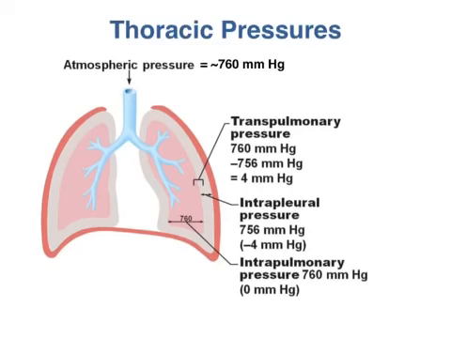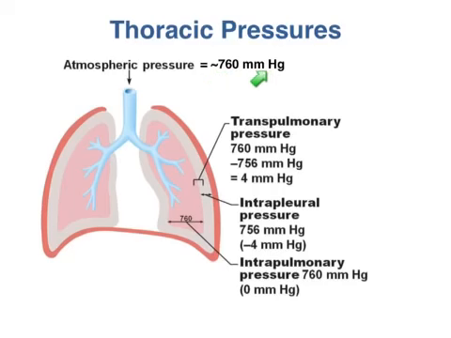So understanding the pressures in the thoracic cavity is pretty important to understanding what's going on when you are inhaling and exhaling. These respiratory pressures are always expressed relative to atmospheric pressure. Atmospheric pressure is more or less 760 millimeters mercury. It's measured in millimeters mercury, just like blood pressure is.